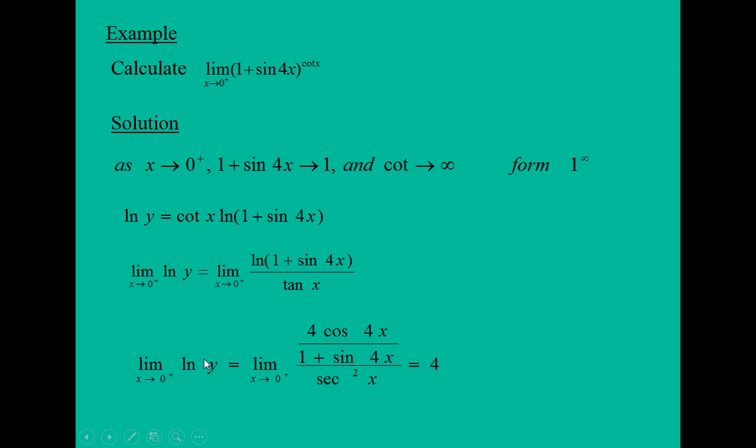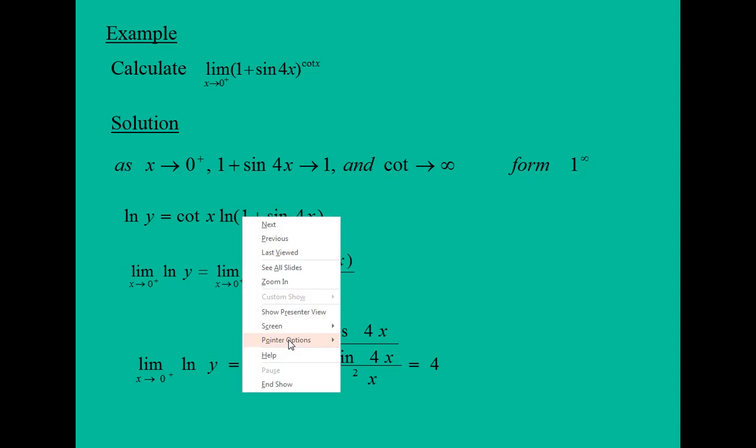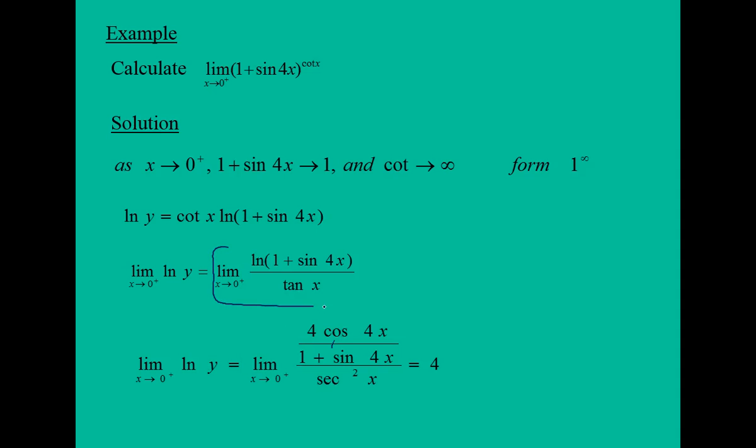And if we looked at direct substitution first, let's go ahead and show that step right here. If we use direct substitution, we'd have ln of 1 plus sine of 4 times 0. So we'd have ln of 1 all over tangent of 0, which is 0. So you can see we get the indeterminate form. That's why we can go ahead and apply L'Hopital's rule in this next step.